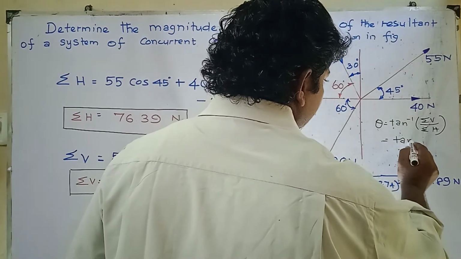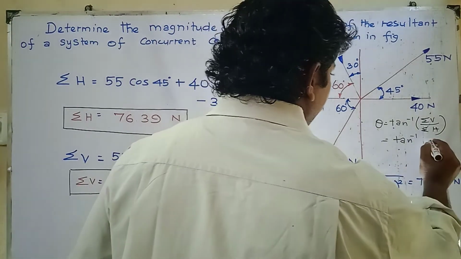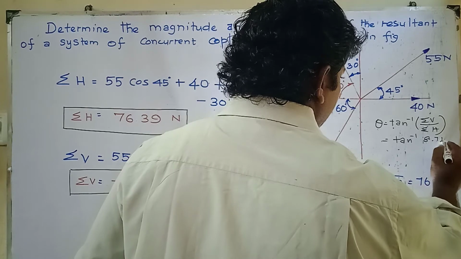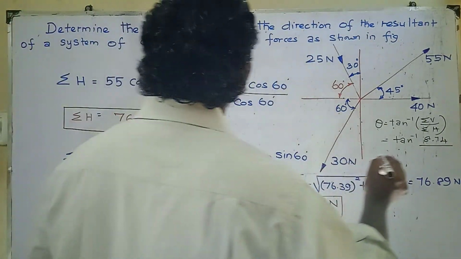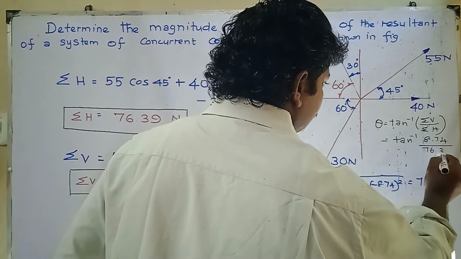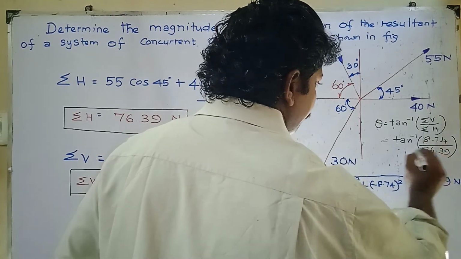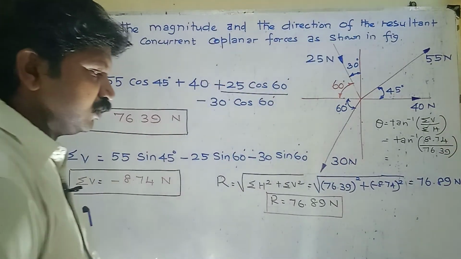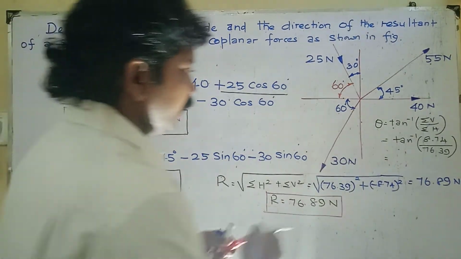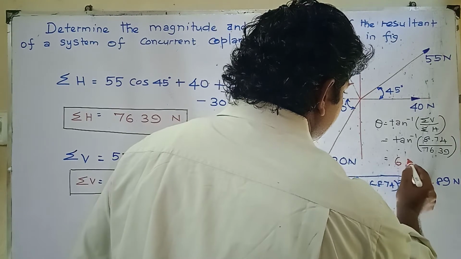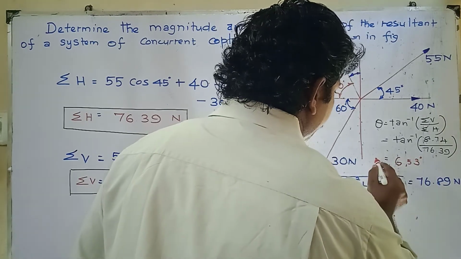Tan inverse 8.74 divided by 76.39. Angle theta equal to 6.53 degree.